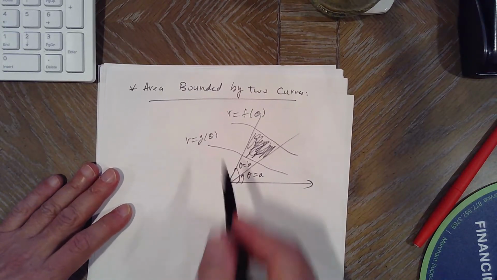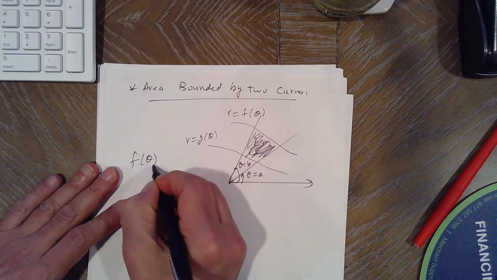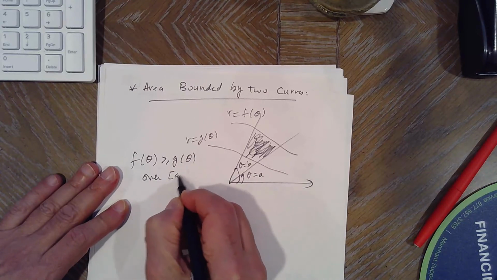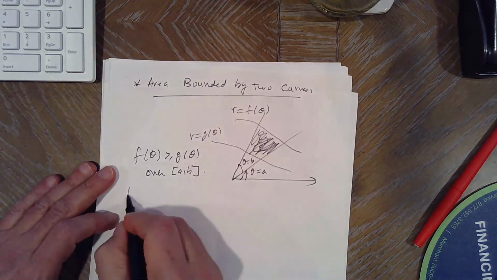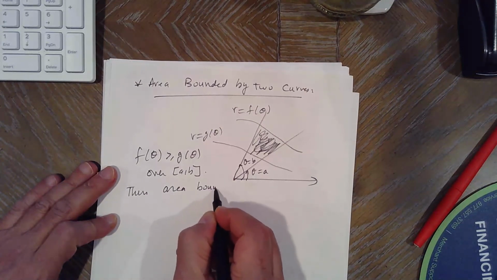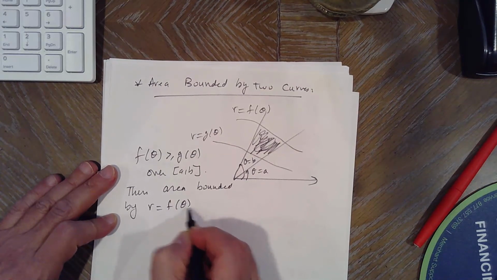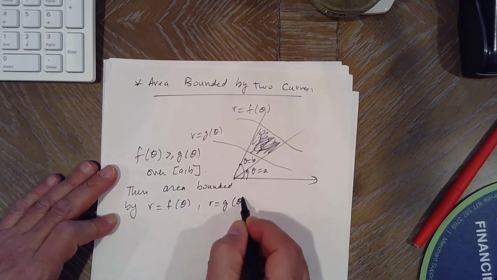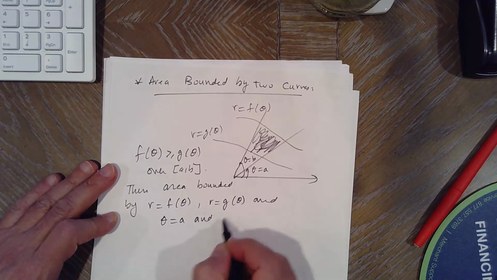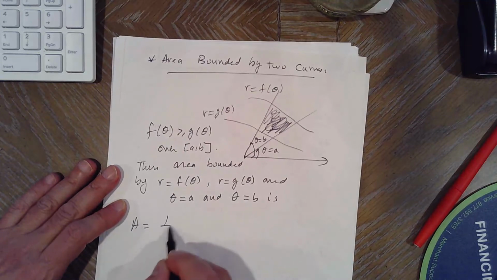Okay, so if f and g are continuous and f of theta is greater than or equal to g of theta, it's the above curve over a to b. The area bounded by r equals f of theta, r equals g of theta, and theta equals a and theta equals b is just like rectangular.